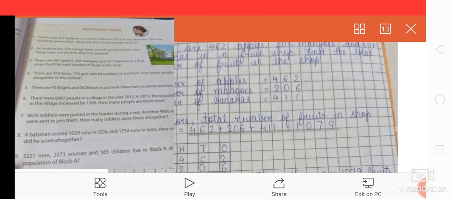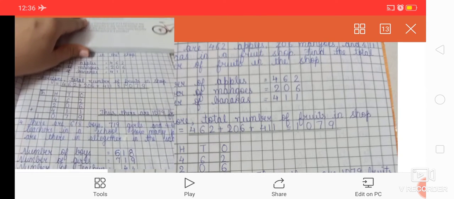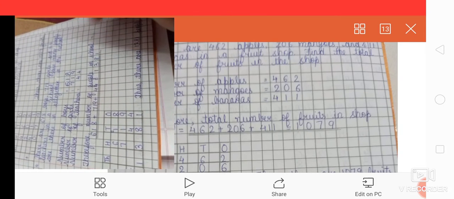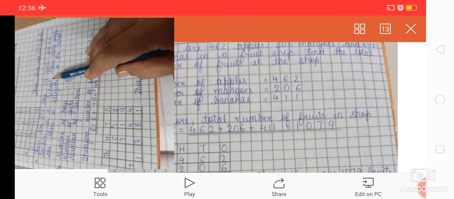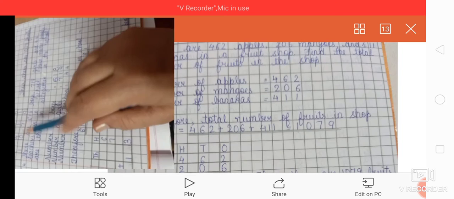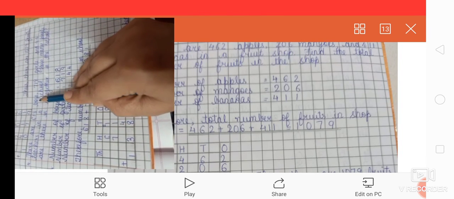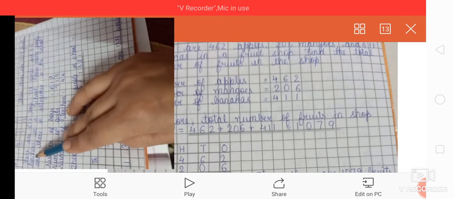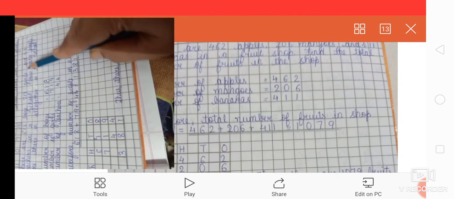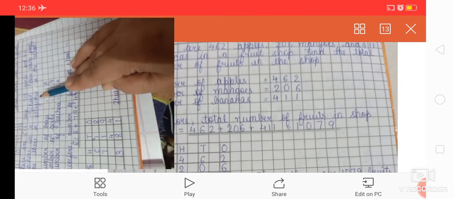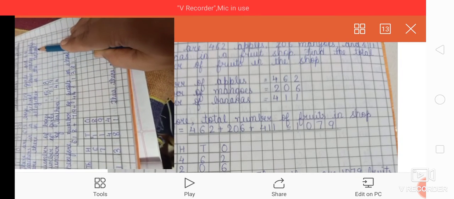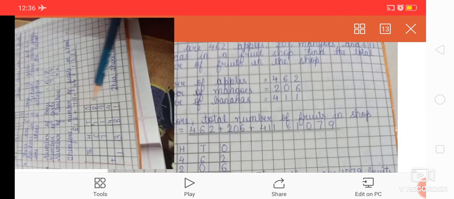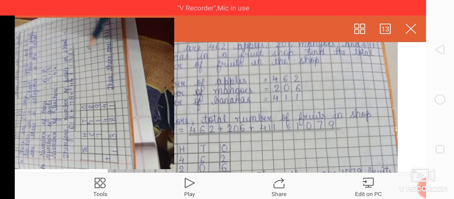So we will solve the fourth sum now. There are 618 boys, 719 girls and 44 teachers in a school. How many people are there all together in the school? This is the way we are going to solve the sum.